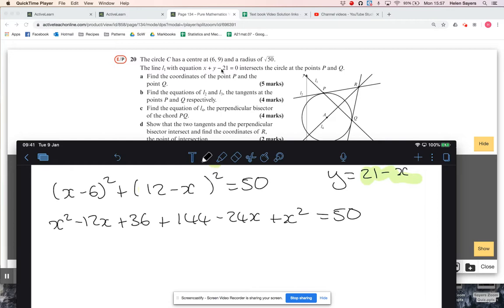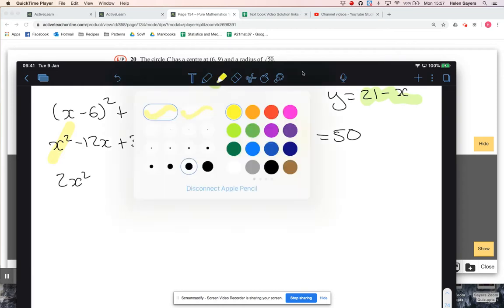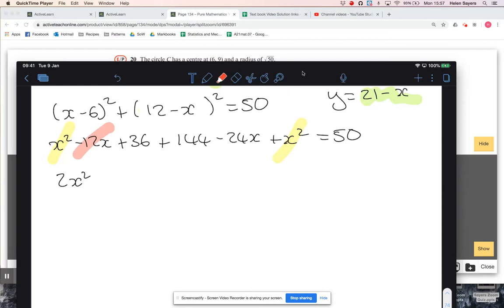So then I've got a quadratic in x. So let's just get that solved. So I've got x squared plus x squared. I've got minus 12x minus 24x. And I've got 36 plus 144 minus 50.